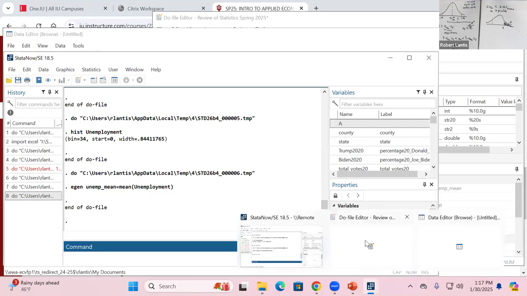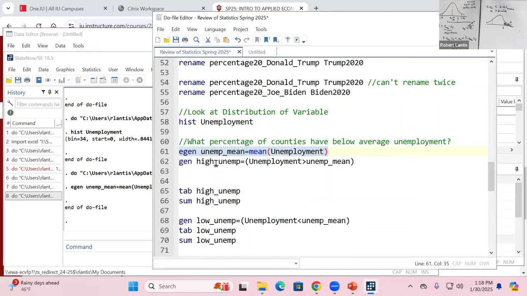Well, I can do that, right? So here in the second line, I'm creating this new variable called high unemployment. Now, if you use this gen command, you create a new variable. If you put a conditional statement, like x greater than y, x equal to y, x less than y, but using variable names, then what I want to do is say, if this is true, whatever I put in parentheses, so if the unemployment rate in that county is above the mean, which is this new variable I created, put a 1 in for this variable.